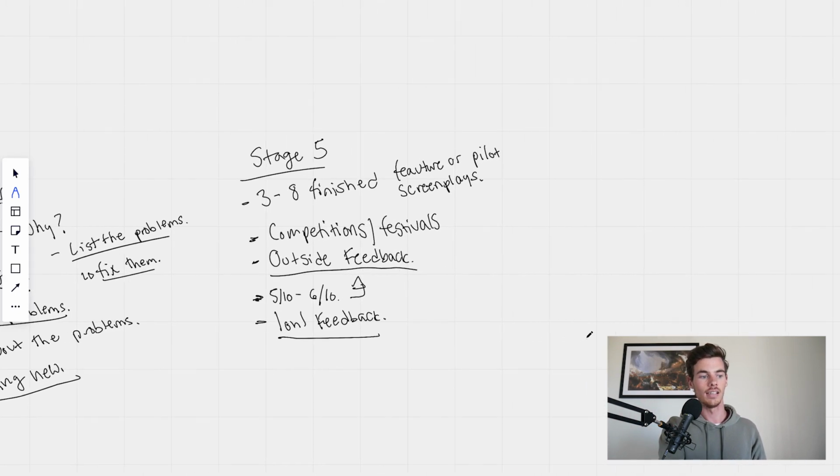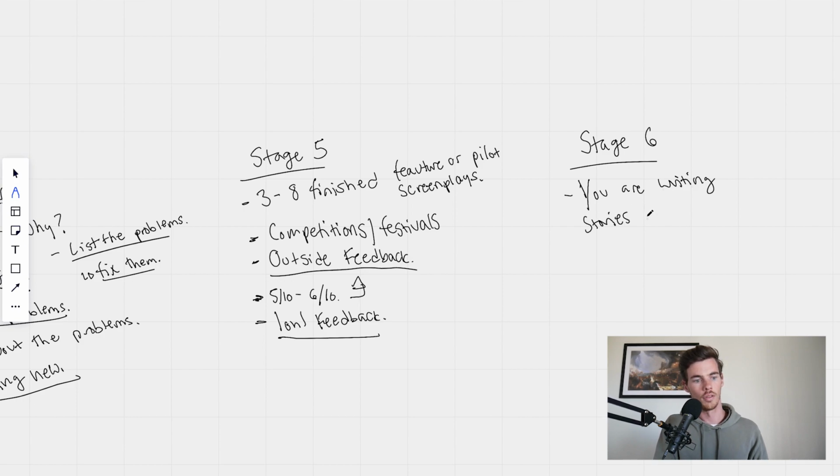And that ideally takes you into more of a stage 6, where not only are you writing multiple stories, but you are writing stories with clear intention, essentially like a system that helps get your story on track.